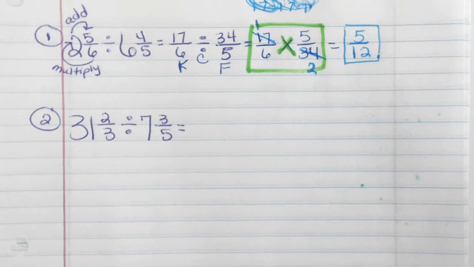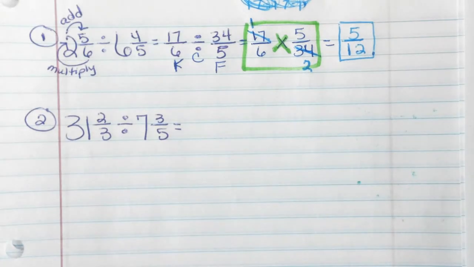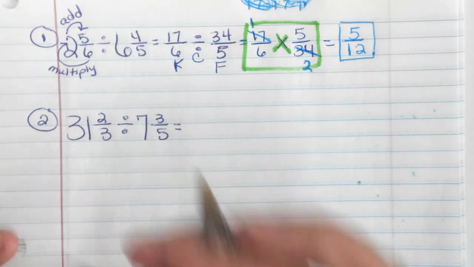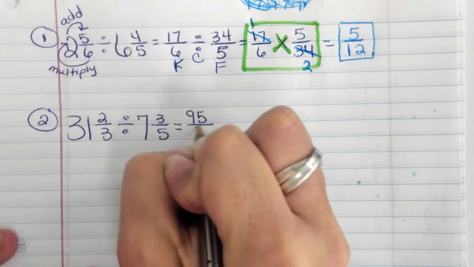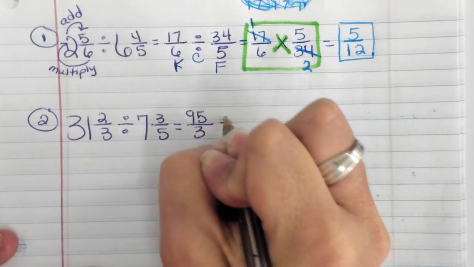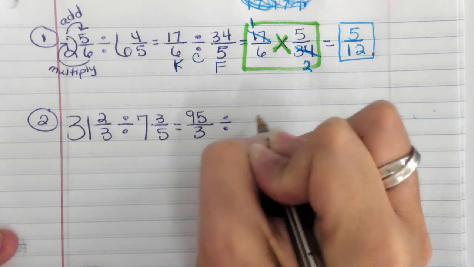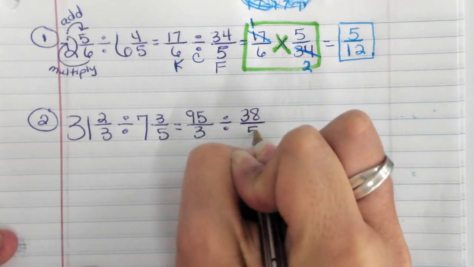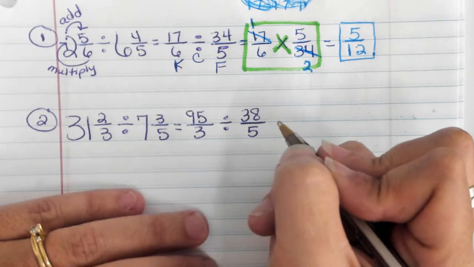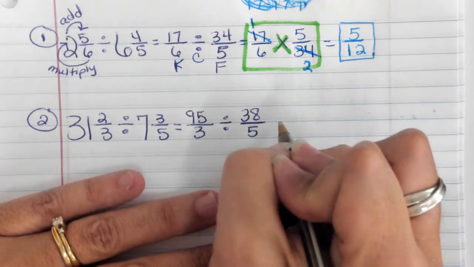So like this one, I'll admit, my first reaction is ugh, because 31 times 3. Still not that bad. 93 plus 2, 95. So it's not like that bad, but it is a big number. Divided by 38 over 5. Okay, so right now I'm thinking, oh goodness, I hope that this thing starts simplifying.